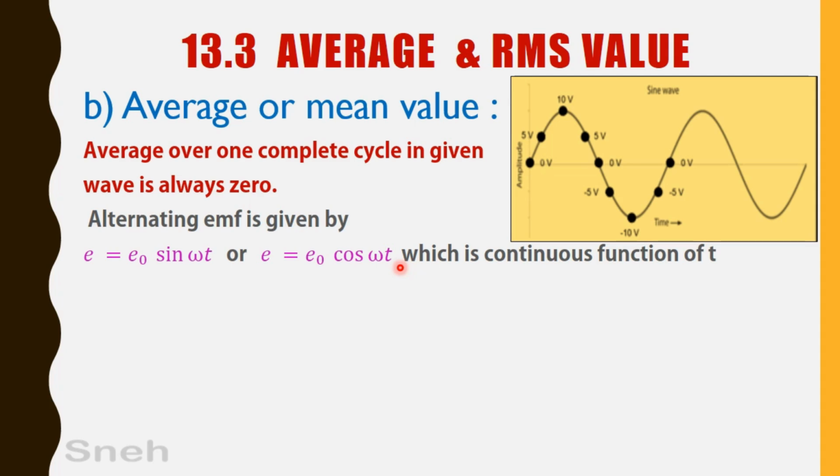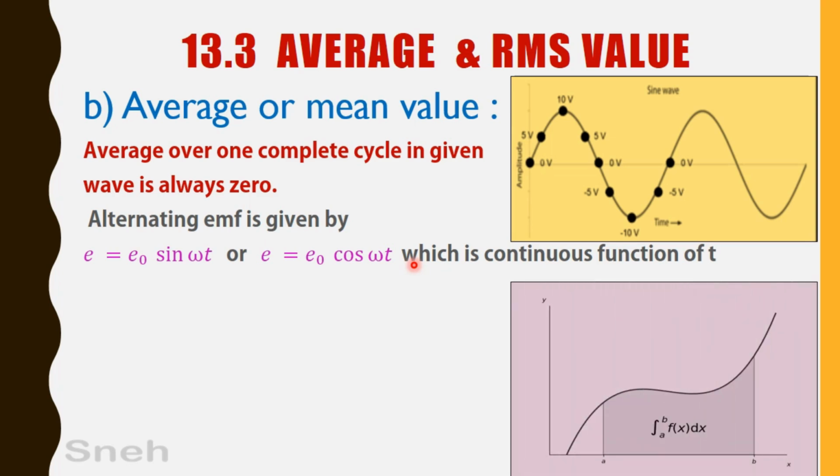So that is also a continuous function of t. And when we are having a continuous function of any variable, because t is here variable, then there is a procedure to find out its average value. And for that, now I consider a function.